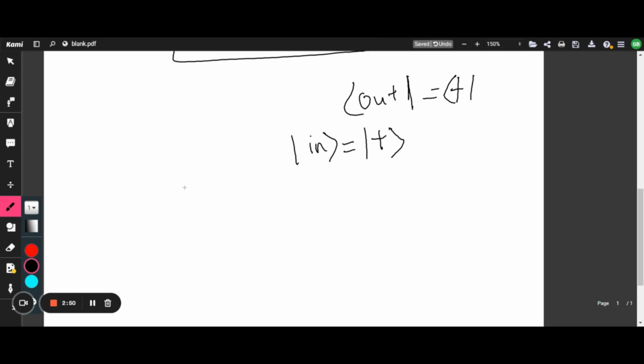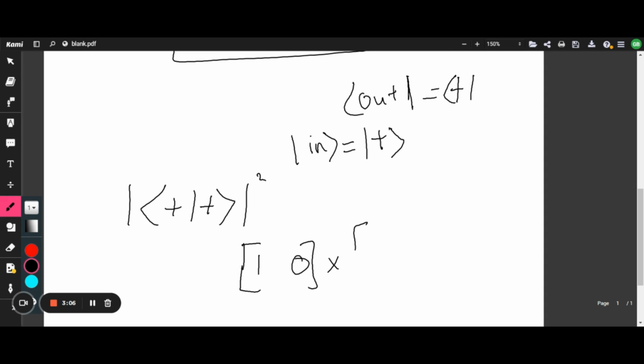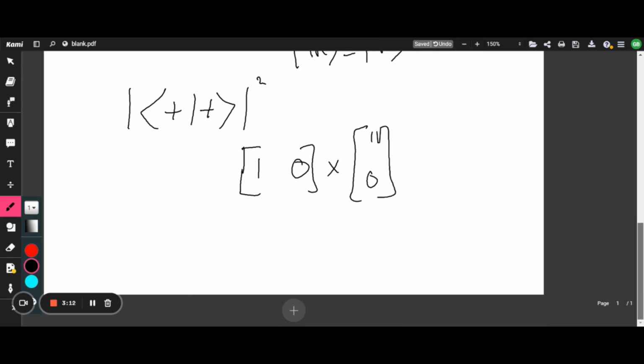Setting up the equation, we get 1, 0 times 1, 0. Performing the matrix multiplication, we have 1 times 1, which leaves us with 1, plus 0 times 0, which is 0.